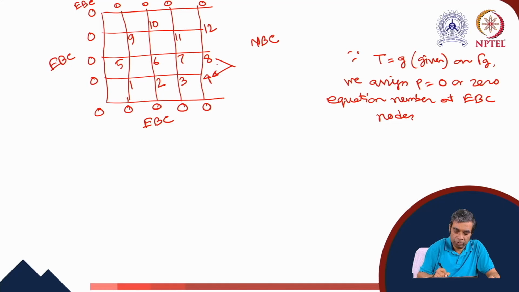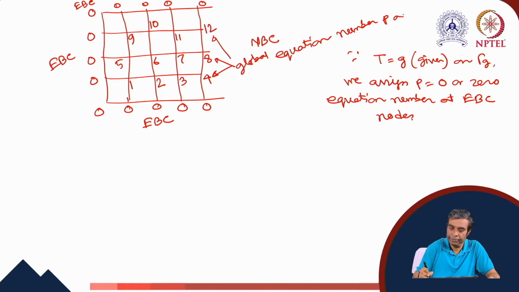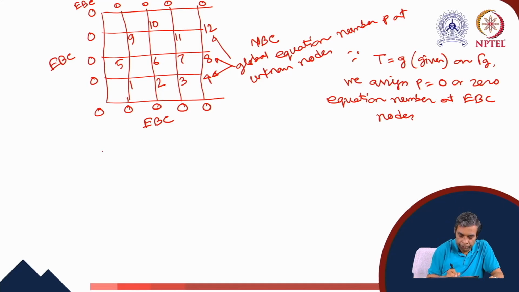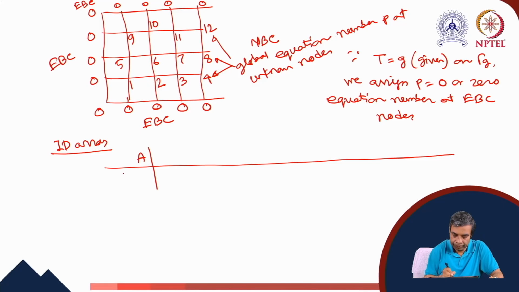So these numbers that we are getting here are the global equation numbers P at unknown nodes. Now we generate the ID array as A versus ID of A.